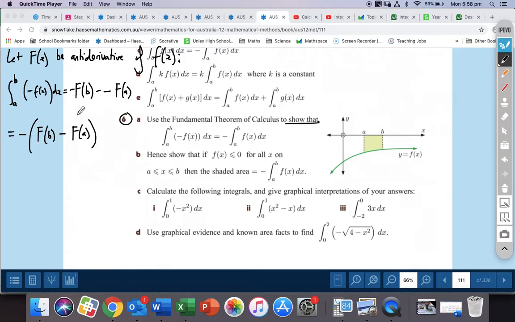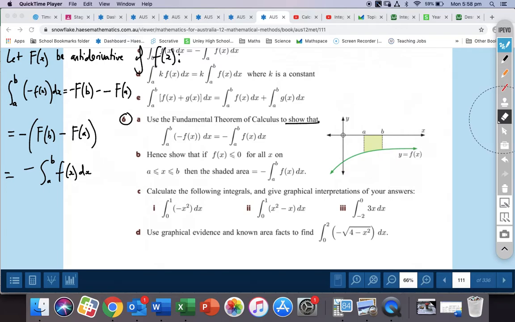Now this bit in here is the integral of f of x, and we've got the minus out the front. So there's the show that.